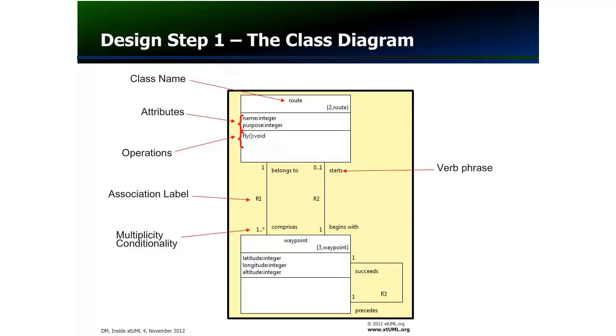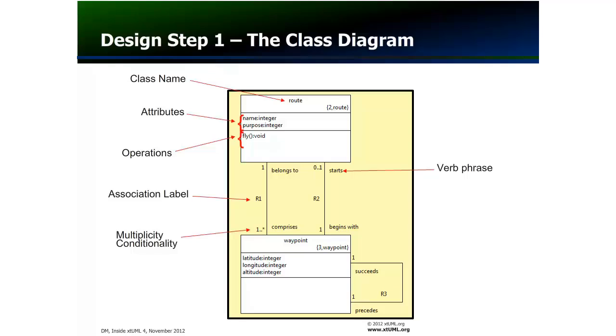Association labels are used for navigation across relationships that connect instances of classes together. The multiplicity of an association between 2 classes is defined by the number of class instances that participate with each other. Conditionality speaks to whether one class of the association can exist without the other side also existing.